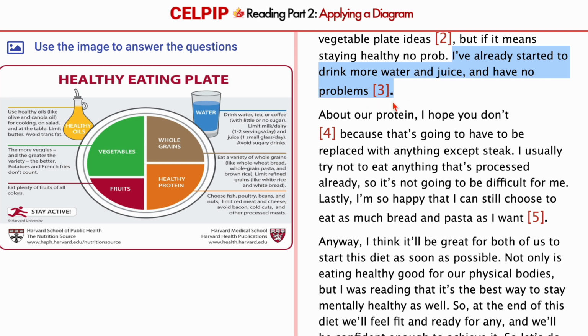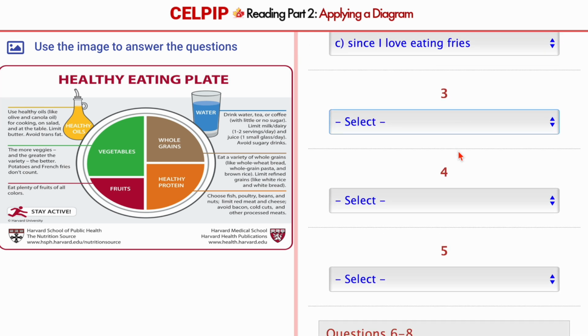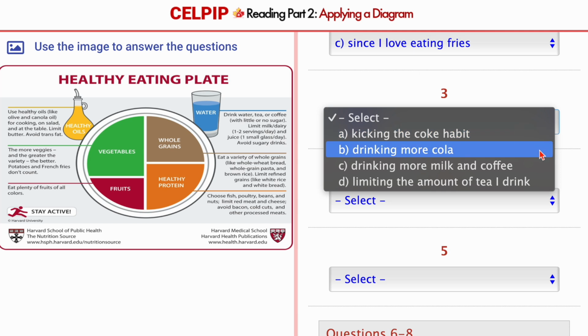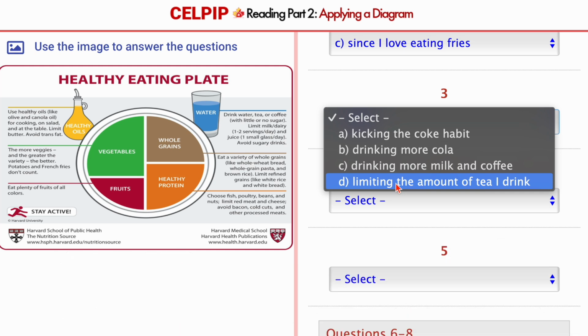So I can do it, and have no problems. Well, limiting means not drinking or reducing or drinking less. But here it says drink more tea. So not limiting.